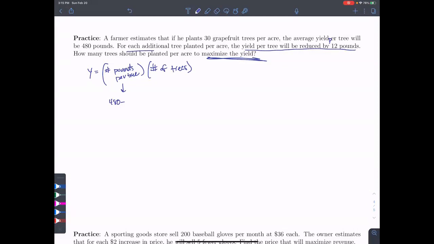And then the number of trees is going to be 30 plus x. If he plants 30, this is what happens. If he plants one more, this is what happens. For each increase by 1, this is what happens. So here's your yield. x is the number of additional trees.